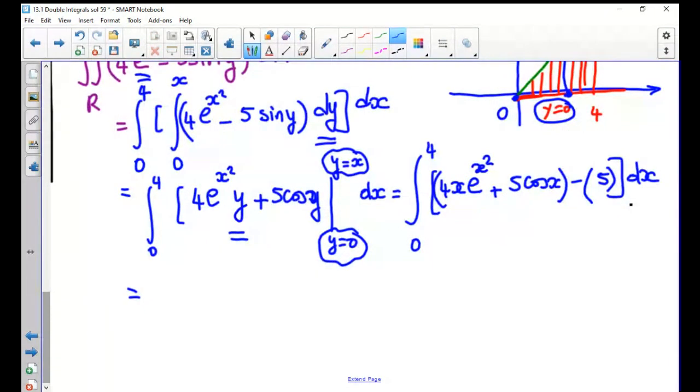Now we need to see how to integrate each term here. What is the derivative of x squared? 2x. So think of this as 2 times 2x e^(x squared).